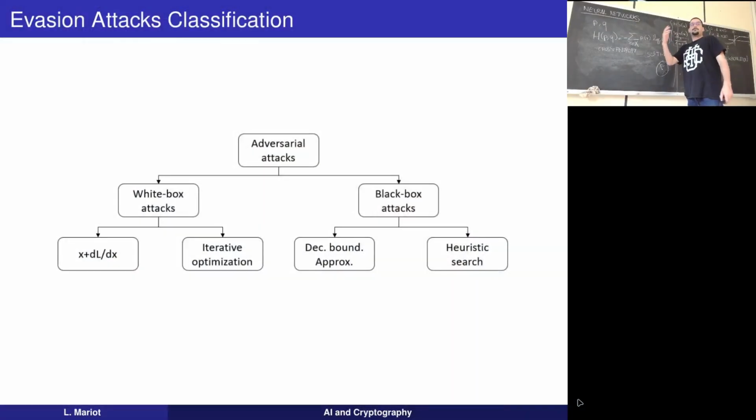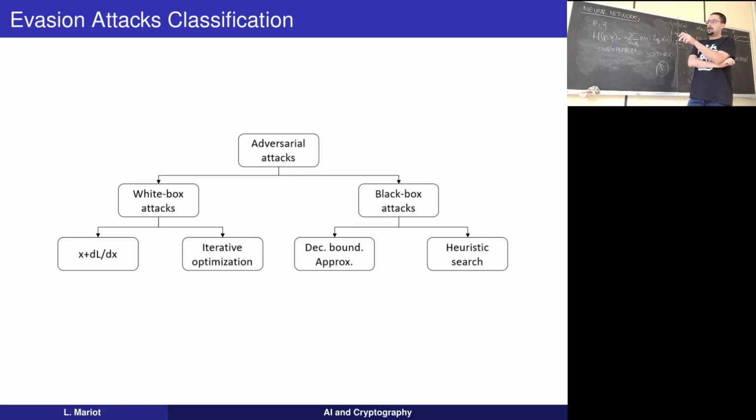Now, there are a lot of evasion attacks out there in the literature that can be classified with respect to whether we have white box attacks or black box attacks, what we were saying before about the adversarial knowledge. And mostly what we will focus on now are black box attacks based on heuristic search, so in particular on evolutionary algorithms.